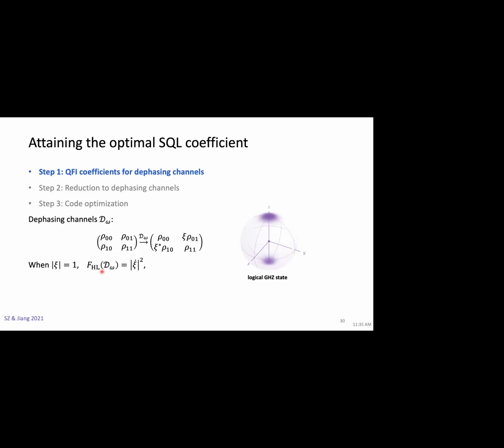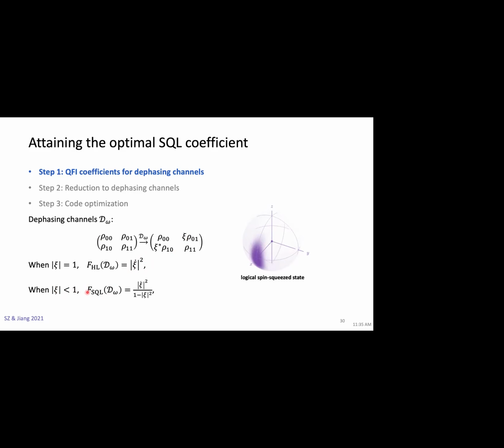And in that case, what we have already known is that the Heisenberg limit is achievable because we just have a unitary channel, and we can just use the logical GHZ state to achieve that. But the more interesting part is about the situation where the absolute value of Cauchy is smaller than 1.